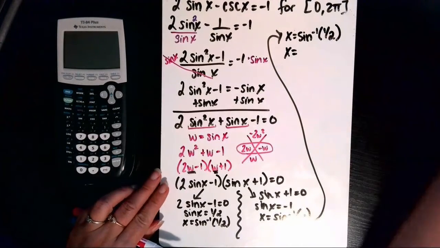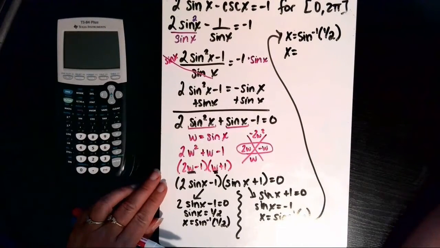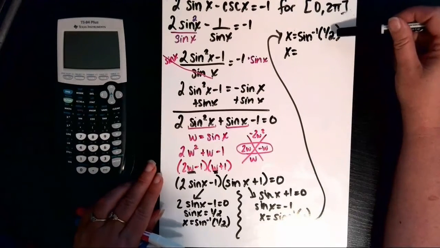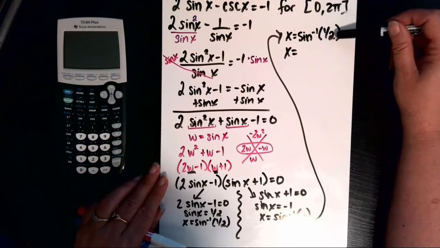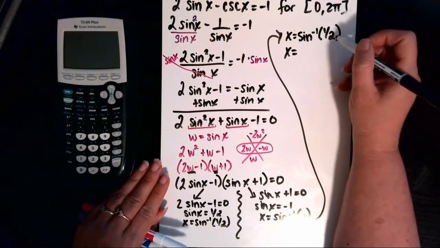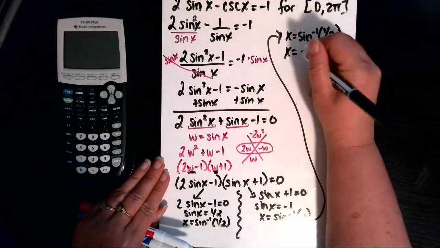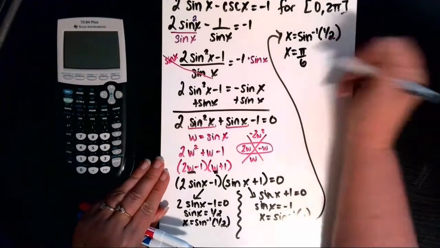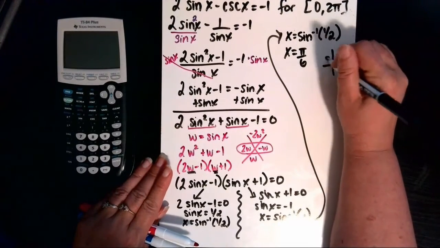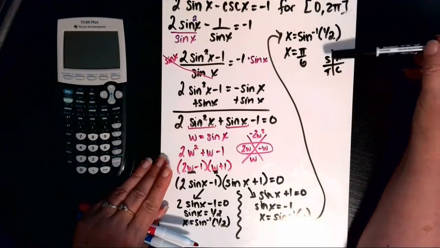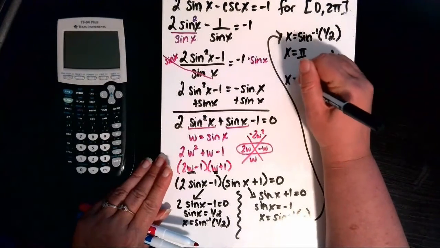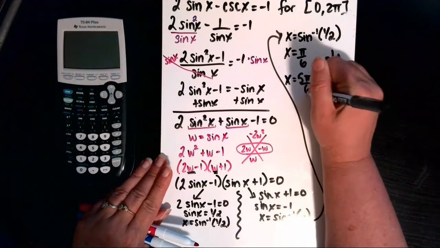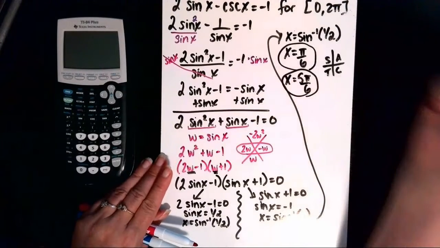So if you take a look at your unit circle and you want to find whatever angle has a y-coordinate of a positive 1/2, for the first quadrant answer, that's going to be pi/6. But if you recall, all students take calculus. Sine is also positive in quadrant 2. And so 5 pi/6 is also going to be a solution.